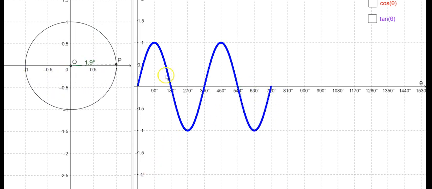So you can see it is a sine curve starting on the axis. As Freddy starts here, it goes up to a maximum of 1, back to the axis, down to a minimum of -1, back to the axis.